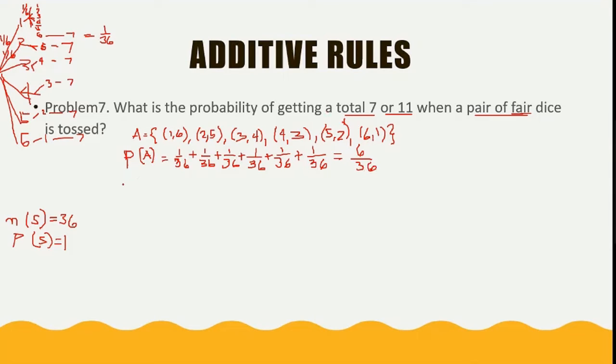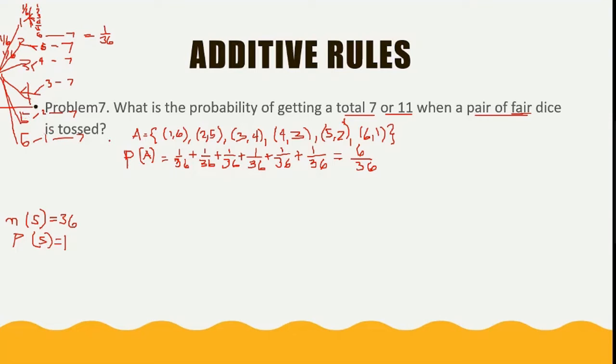We are also asked for the probability of getting 11. Now, what are the combinations wherein the total, when we add the outcomes of the two dice, is 11? For 3 plus 6, that's 9, so we don't have 11. 4 plus 6 is 10. So the 11 can be found here.